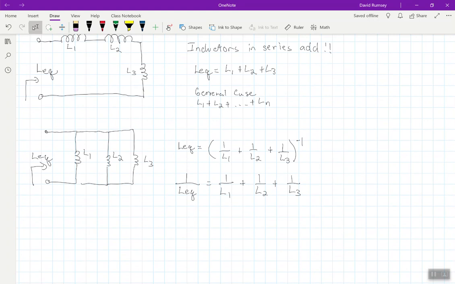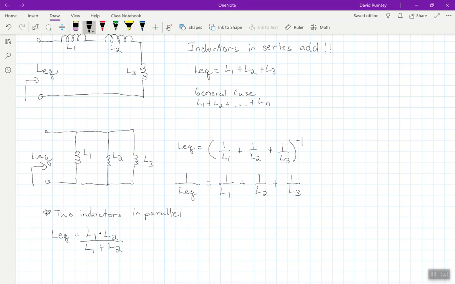And just like we had for resistors, if we have 2 inductors in parallel, we can use a shorter formula. Well, it's not necessarily shorter, it's just one that would be easy to compute in your head. It would be L1 times L2 over L1 plus L2.